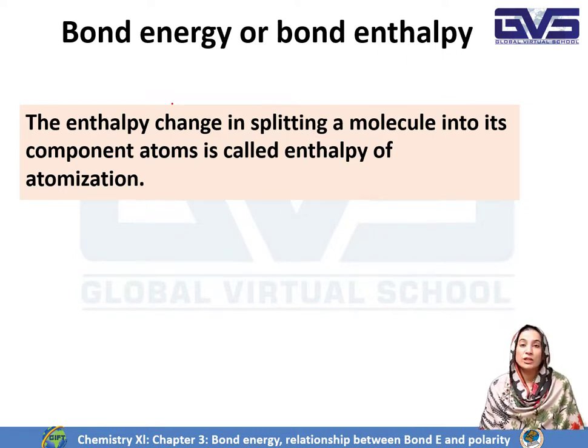For example, you have an H2 molecule: the energy required to break 1 mole of hydrogen molecules into hydrogen atoms. Or you have HCl: the energy required to break 1 mole of HCl into a hydrogen atom and a chlorine atom. Similarly, if you have an S8 molecule, the energy required for 1 mole to convert it into single sulfur atoms is called the enthalpy or bond energy of atomization.